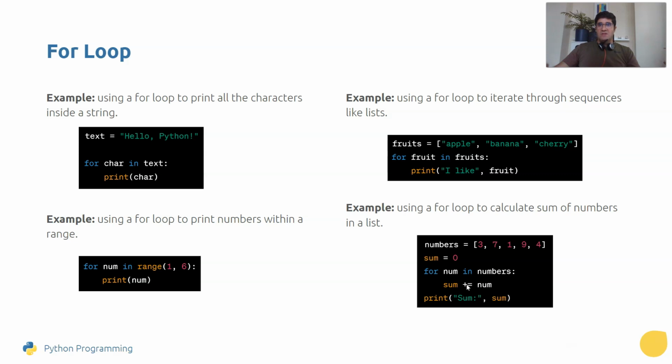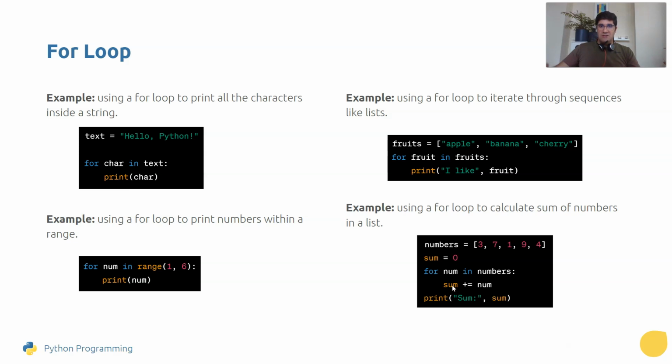If you remember, this is a plus equal, and it is equal to writing sum equal sum plus num. So in fact, the loop will try to assign the 3 at the first time, and then 3 plus 0 will be 3.